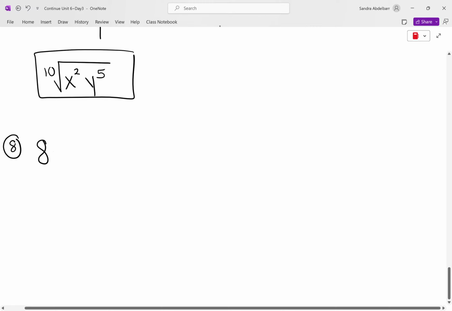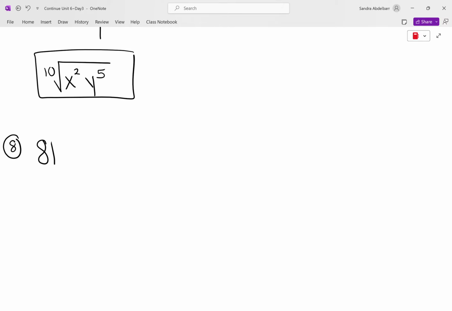Okay, let's say I have a numerical base. Let's say I have 81 raised to, actually, do this one. 27 raised to the negative 5/3 power, and I want positive 5/3 power.